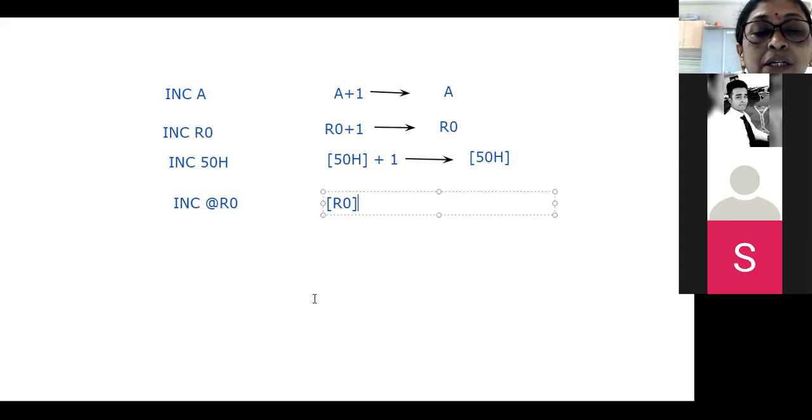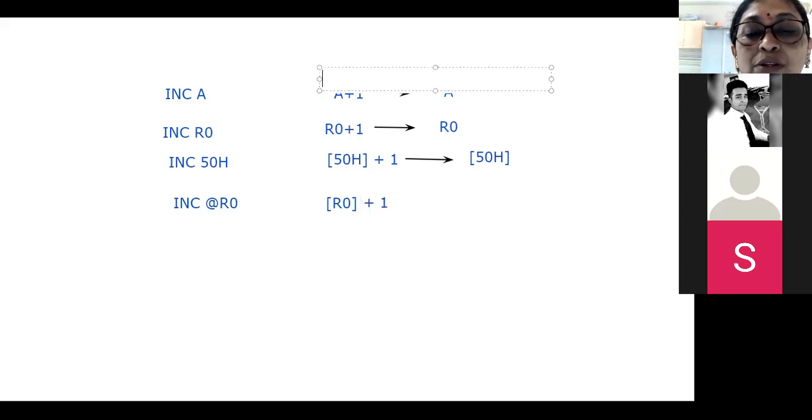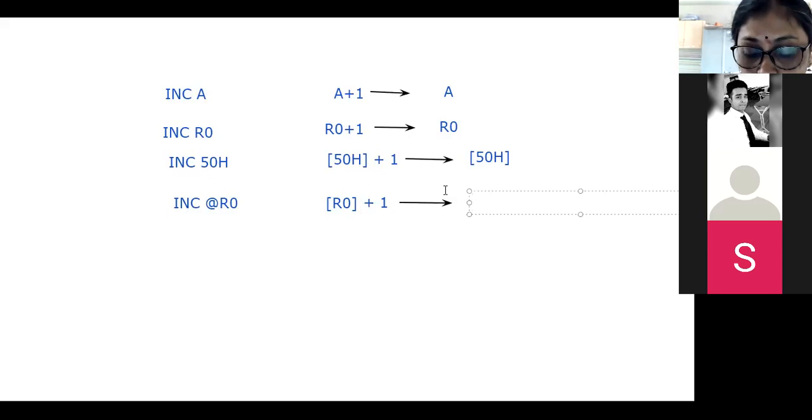That means the data present at the memory location stored in register R0 will be incremented by 1, and the result will be stored in the same memory location, which is stored in the register R0.